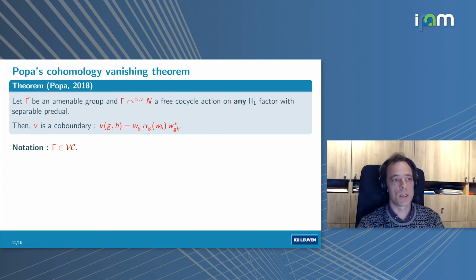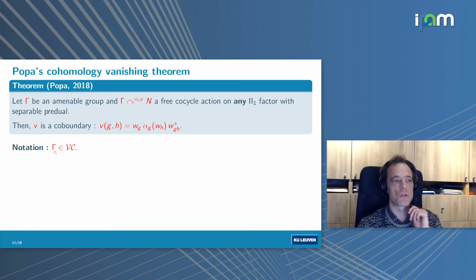So the group is still amenable. You look at a free cocycle action on any II_1 factor with separable predual, then this V must be a coboundary. So this is a remarkable result.